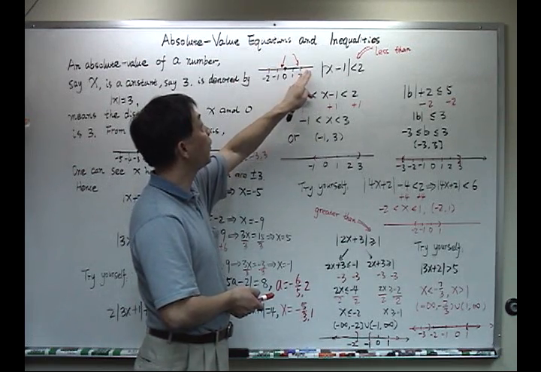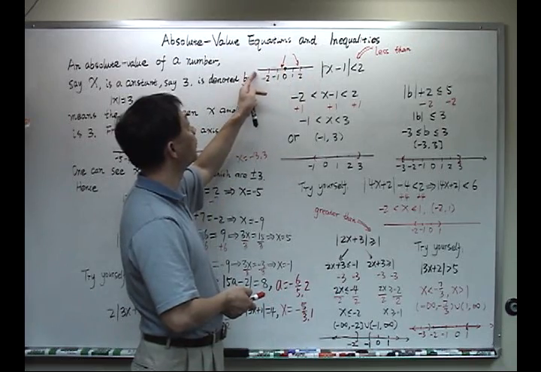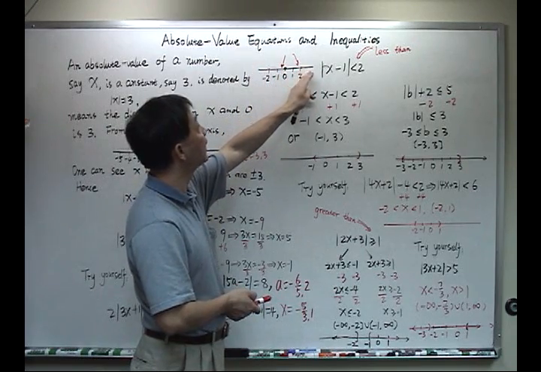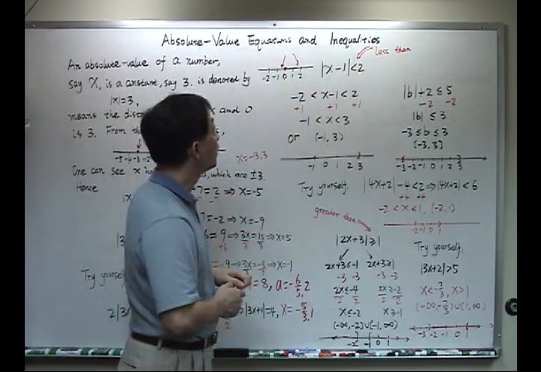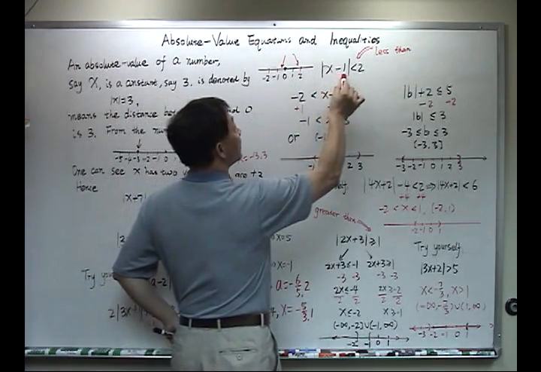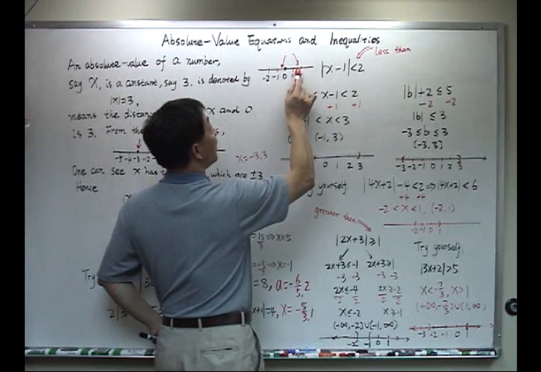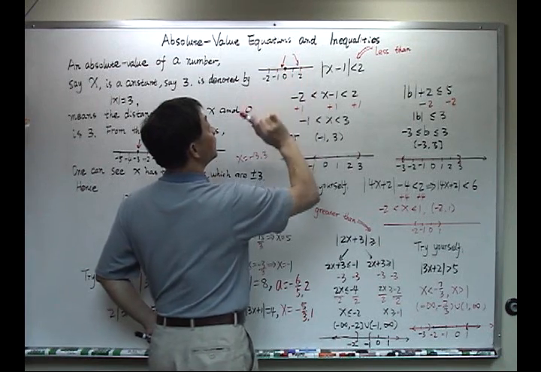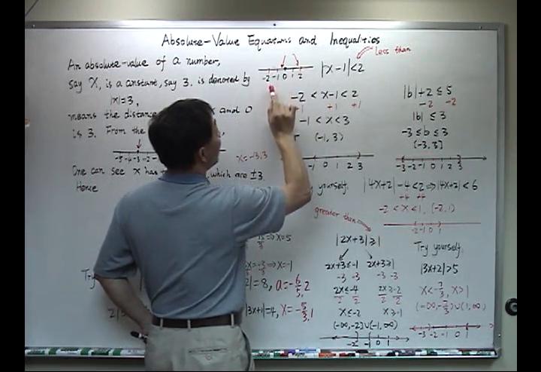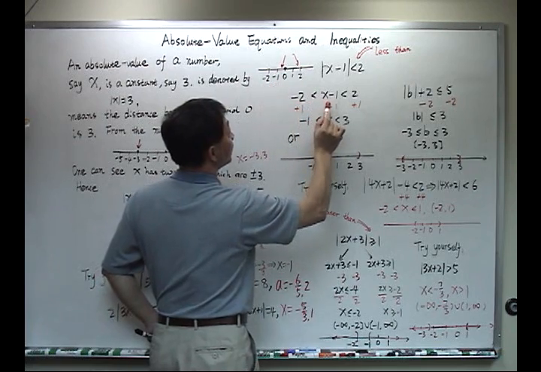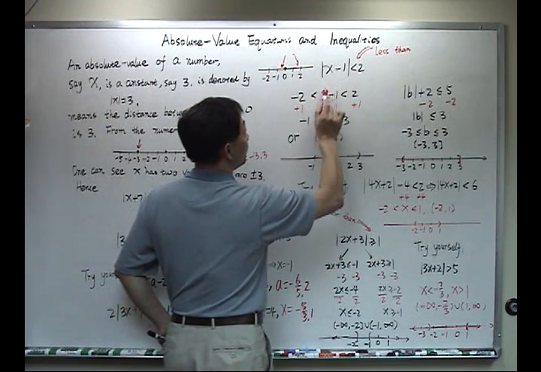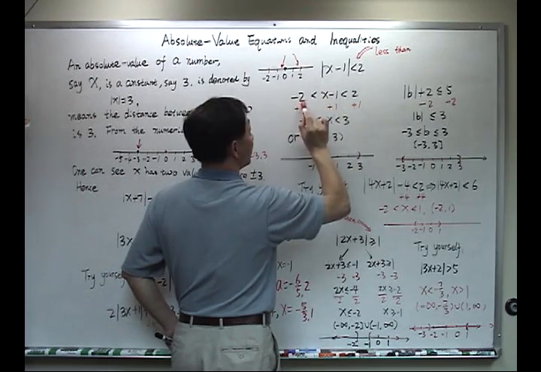So you don't want the points outside of -2 and on the right-hand side of +2. So this quantity x minus 1 has to be less than 2 and greater than -2.